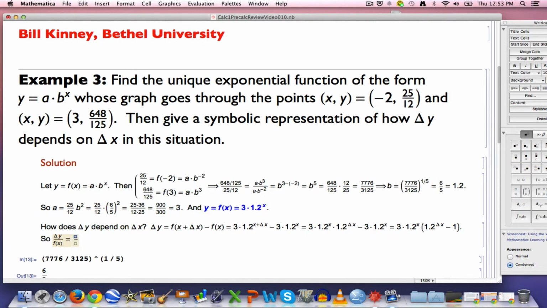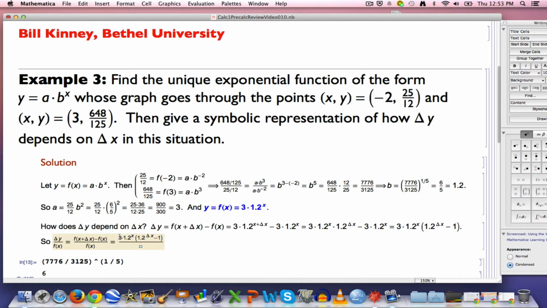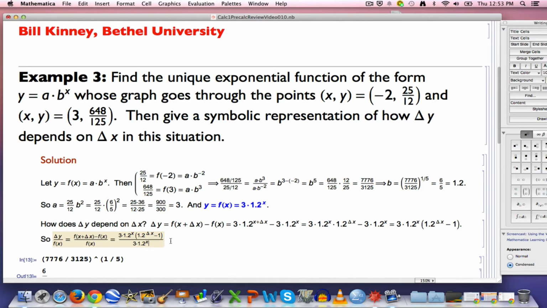In other words, f of x plus delta x minus f of x divided not by delta x as you might be thinking I was going to do, but instead dividing it by f of x. What's going to happen when you simplify that fraction? Something nice happens. The 3 times 1.2 to the x's go away, and you're left with something simpler: 1.2 to the delta x power minus 1.